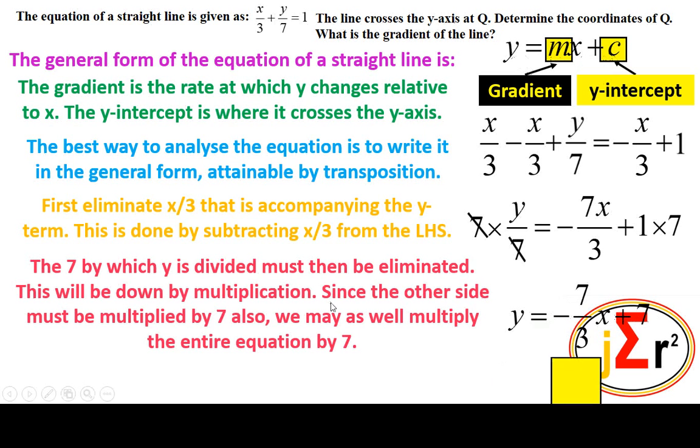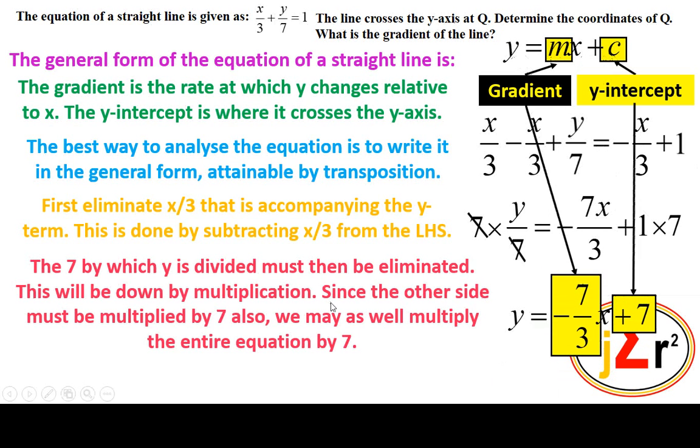There's no difficulty in identifying the gradient and the y-intercept. So the gradient will turn out to be negative 7 over 3, being the coefficient of x. When the equation of a straight line is in its general form, the coefficient of x is the gradient of the line, and the constant term will be the y-intercept, as we have it there.